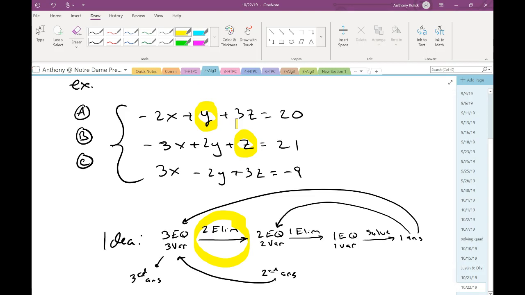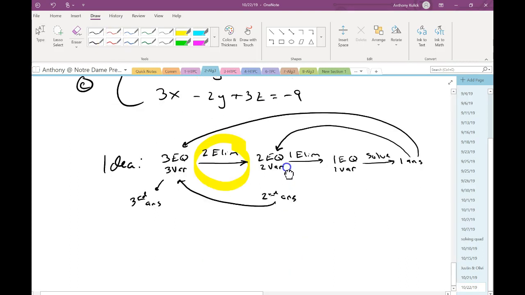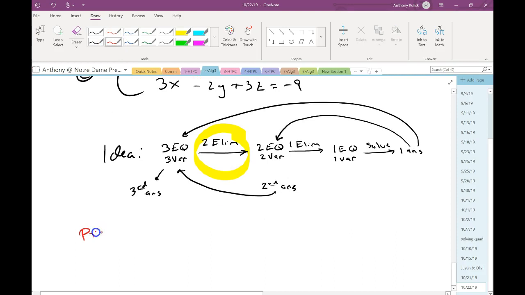For the sake of argument, let's pick equation A and eliminate the y's first. Everybody okay with that?